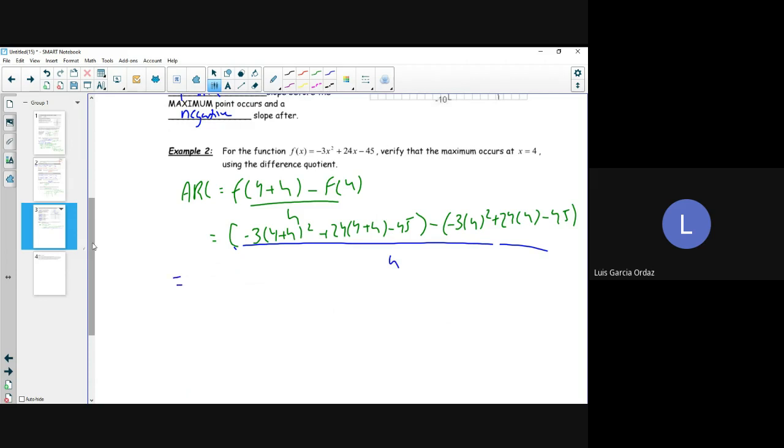And then once we simplify everything, we are left with negative 3h squared over h, which is equal to negative 3h. So now we have to figure out the average rate of change at positive 0.01 and at negative 0.01.